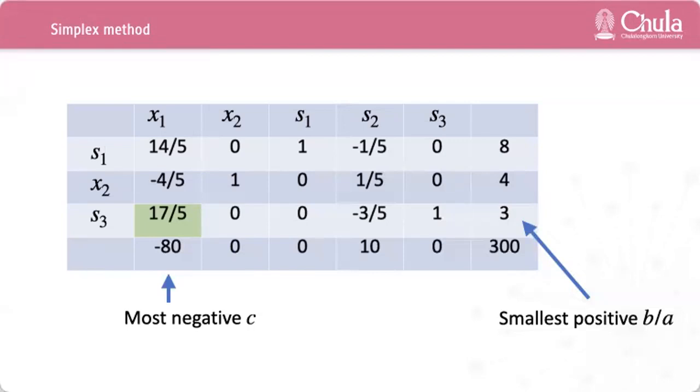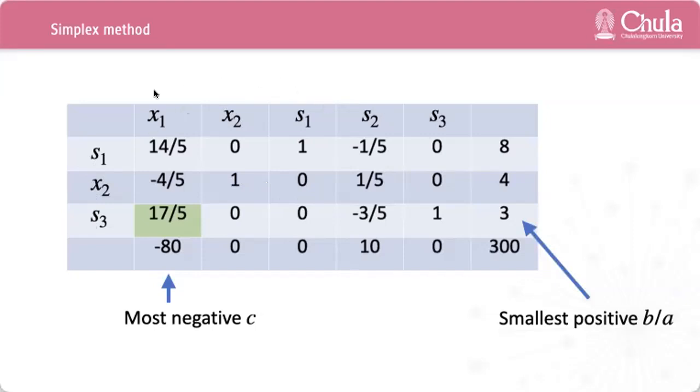Okay. So now at this table, at this condition, you see that our basic variables are S1, X2, S3, right? And our non-basic variables are X1 and S2.